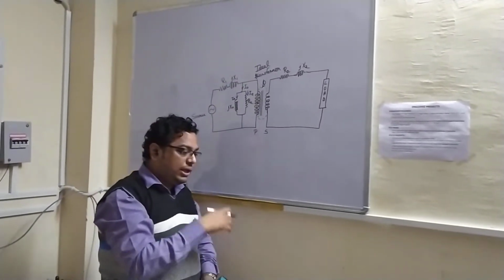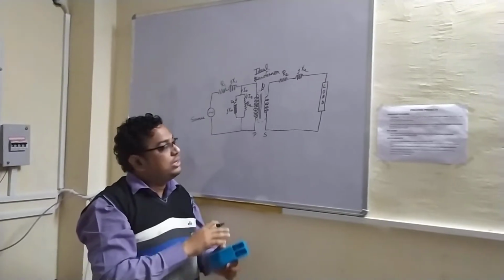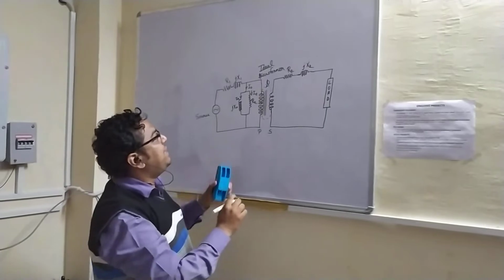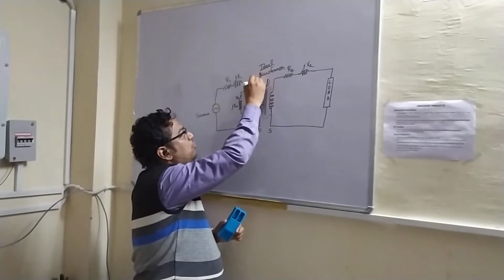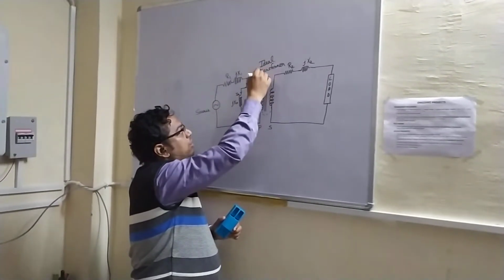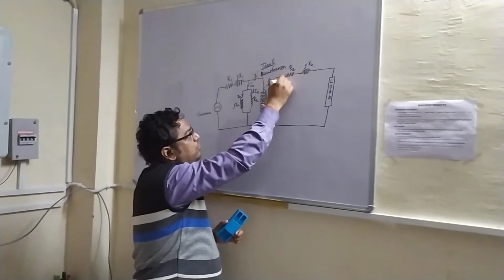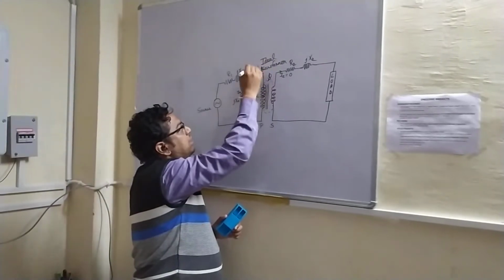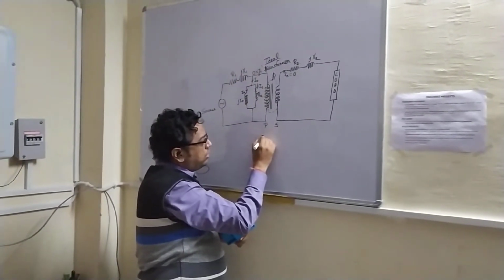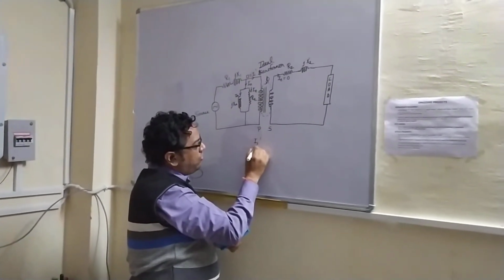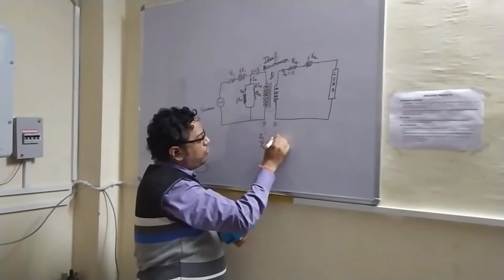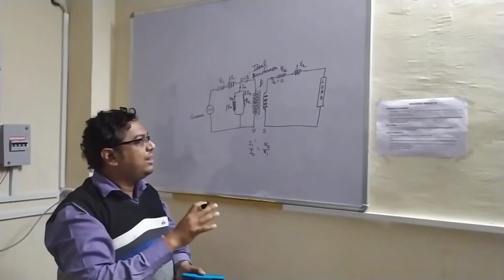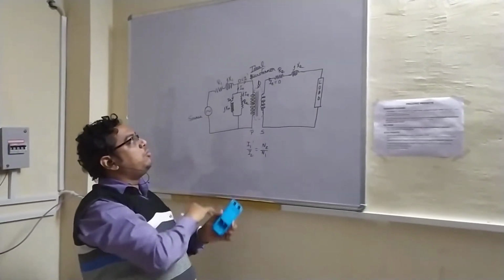Why are we calling it no load current? Because if there is no current in the secondary circuit, then basically no current would be drawn. So if I2 is equal to 0 here, I1 dash should be equal to 0. Why? Because I1 dash by I2 would be N2 by N1. So the two are related. If one term is 0, the other term would be 0.